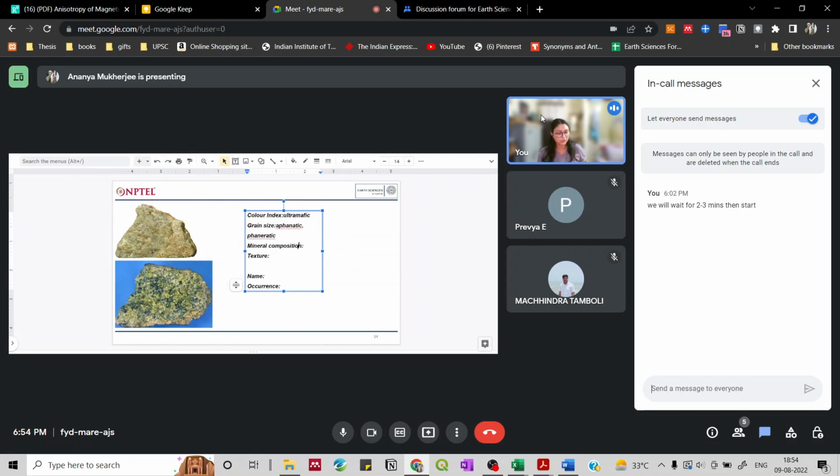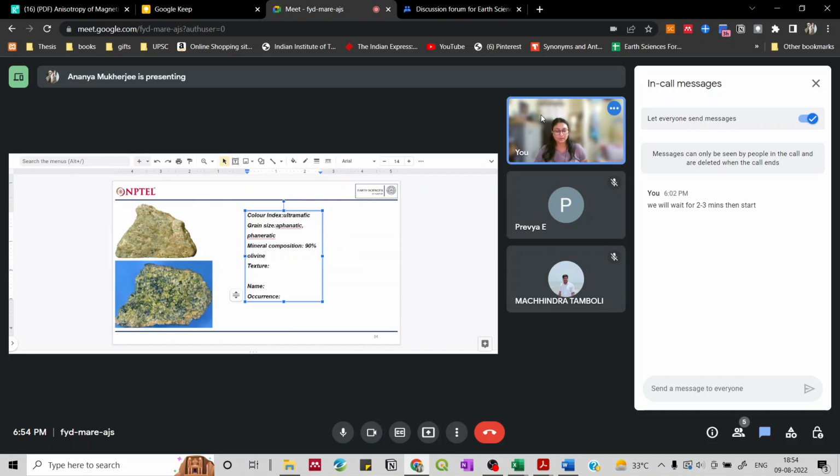So the mineral composition, as I said, is mostly 90% made up of olivine. Okay, when it's 90% made up of olivine, it is called dunite. When there is a mix of olivine and pyroxenes, it is called a peridotite. The lower one, the rock which is on the blue background, actually is a peridotite rock.